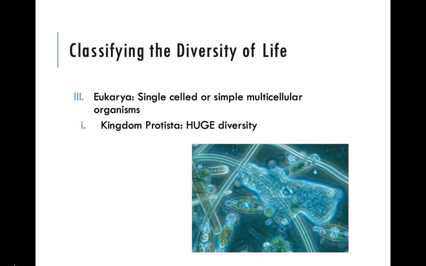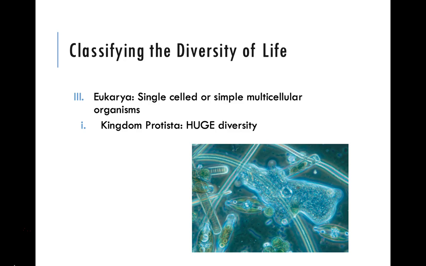Some are photosynthetic, some are consumers. And the key thing about protists, though, is that they can be single-celled eukaryotic organisms, or they are simple multicellular organisms. So they don't really fall into the same general makeup as our plants, animals, and fungi. They're much more simple, but they are also much more diverse.